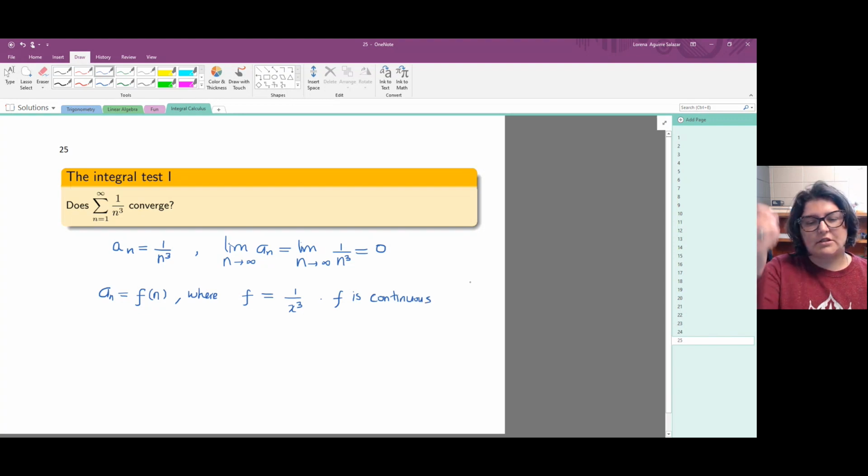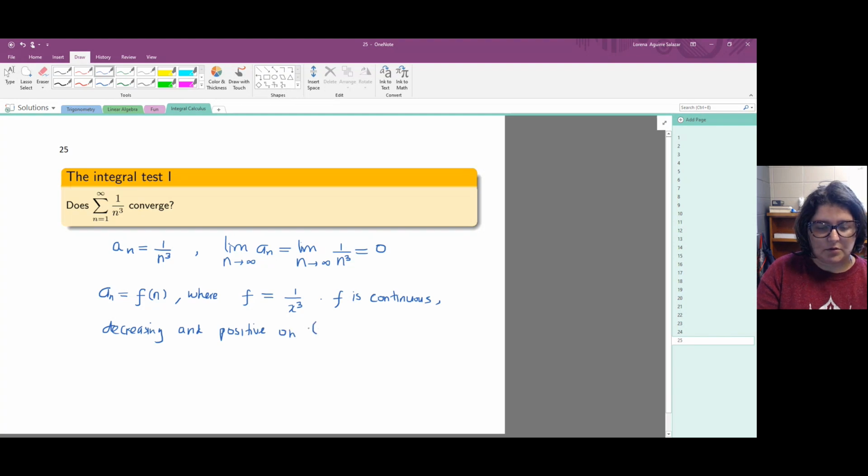And it's actually decreasing when we look at the graph of 1 over x cubed. From 1 to infinity, we get something decreasing. It's going down. And it's a graph that is positive, as long as we keep to x positive.